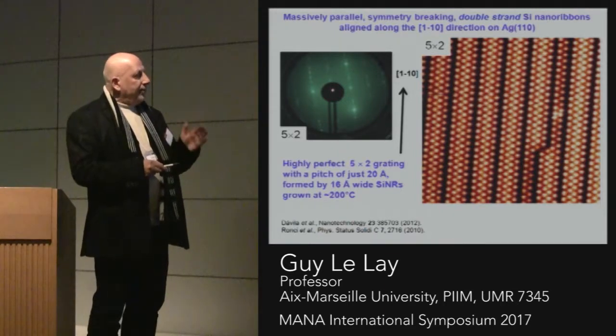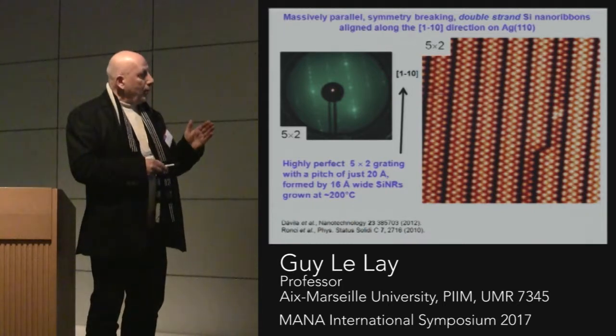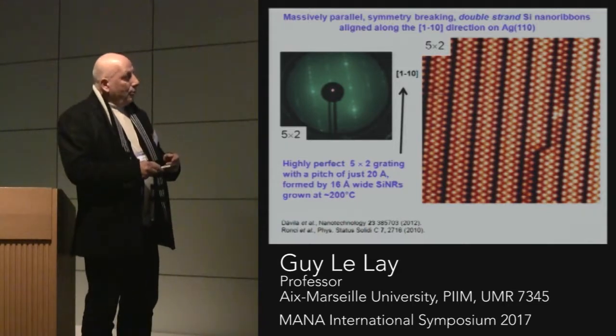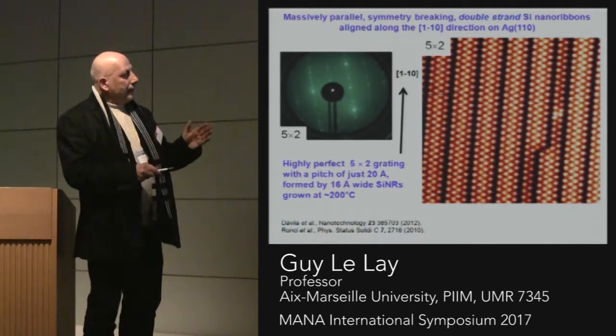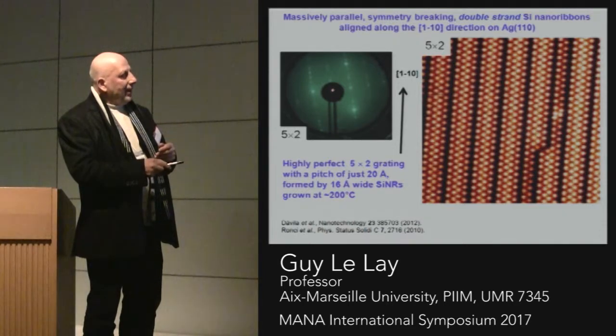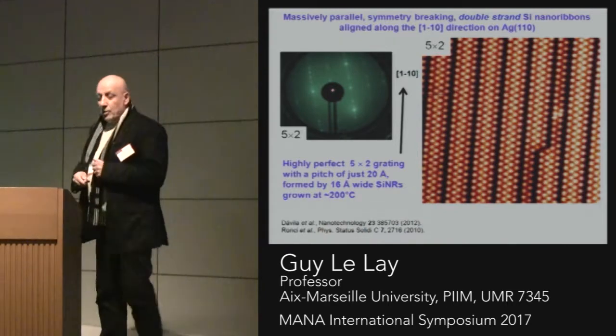They all have the same magic width, 16 angstrom, twice the previous one. So the previous ones, we call them single strand. Those ones, we call them double strand. And here you see the only defect on this image is a kind of dislocation, disclination. You see here a single strand, it's compensated here, and you see everywhere else the double-strand nanoribbon.